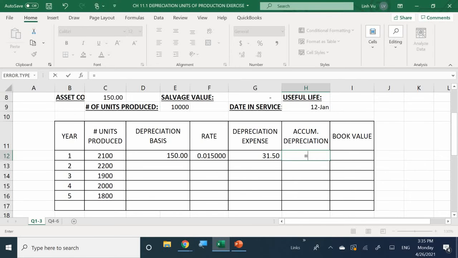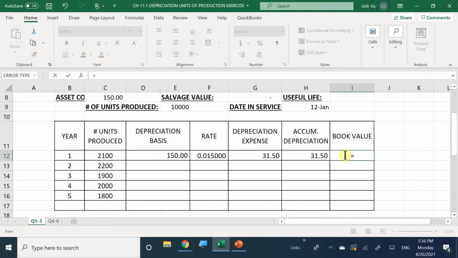The 31.50. Yes. There is no accumulated depreciation for the previous year because we're starting the depreciation this year, so my assumption is that it's 0, plus the current depreciation expense for that year, which was 31.50. So you are correct, it is $31.50.